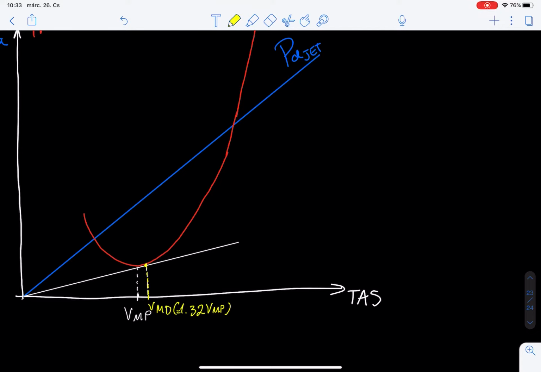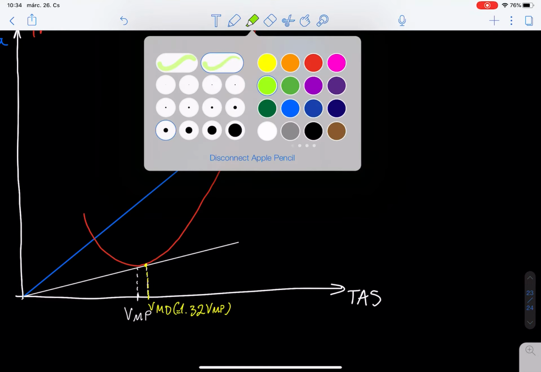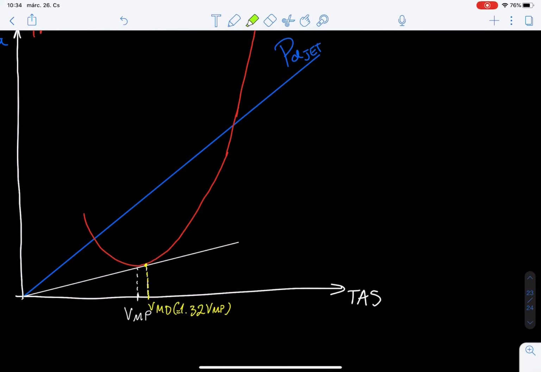And so when we look at the excess power, this is the area. So the area in between the power available and the power required is the area where we're going to be examining the excess power available. So this area approximately right here.